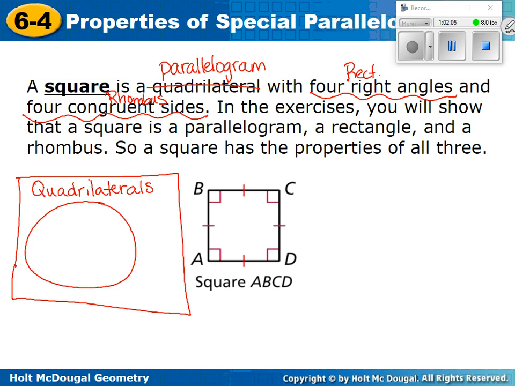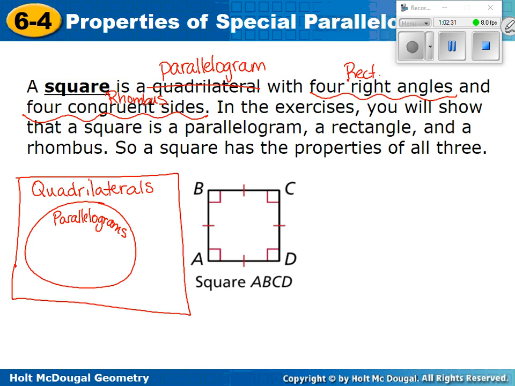So inside our quadrilaterals, we've got the parallelograms. And what shapes did we say today are parallelograms? Rectangles, rhombuses, and squares. One of those is both of the other ones. Which one is both of the other ones? The square.